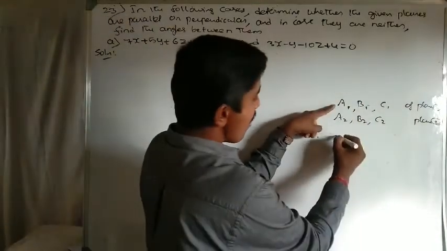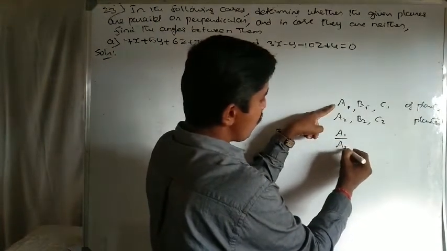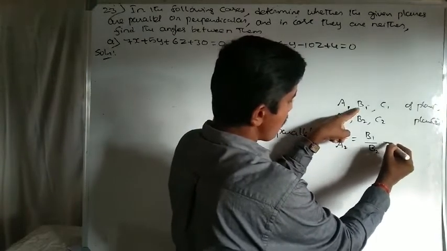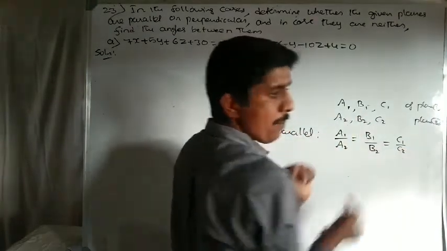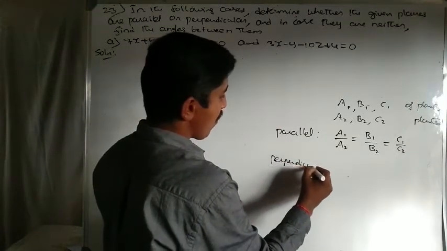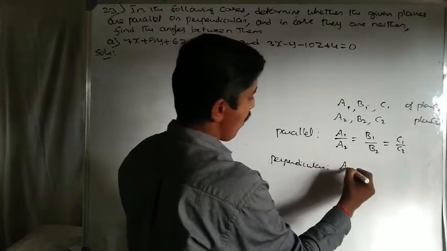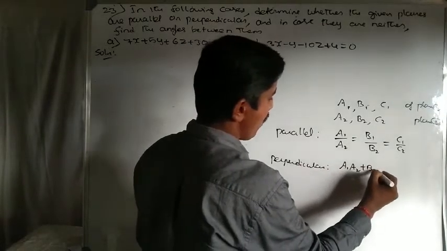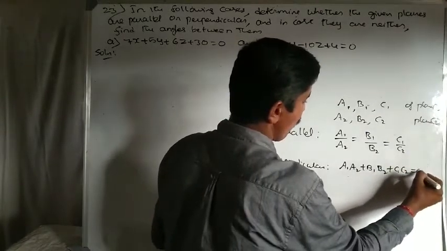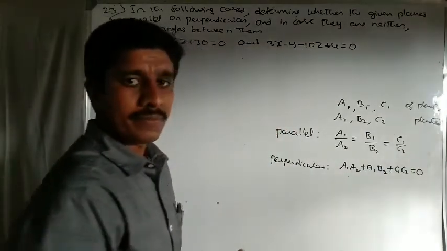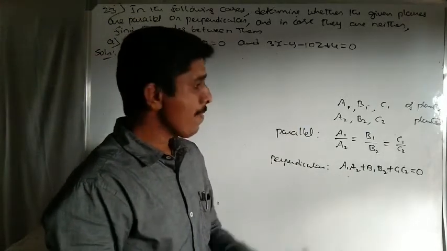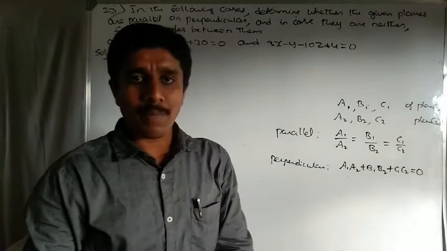That is, A1 by A2 is equal to B1 by B2 is equal to C1 by C2. Perpendicular means A1 into A2 plus B1 into B2 plus C1 into C2 is equal to 0. Then you say that two planes are perpendicular.